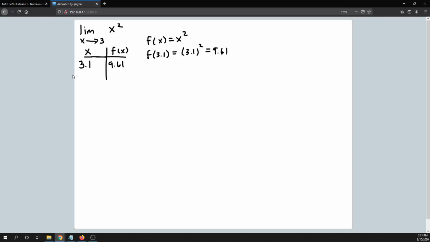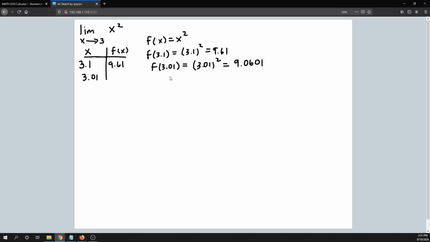Next, I am going to pick a value of x that is a little closer to 3. So 3.01, I'm going to plug that into the function and see what I get. I get 3.01 squared, and I already have that calculated off screen. So that's 9.0601.